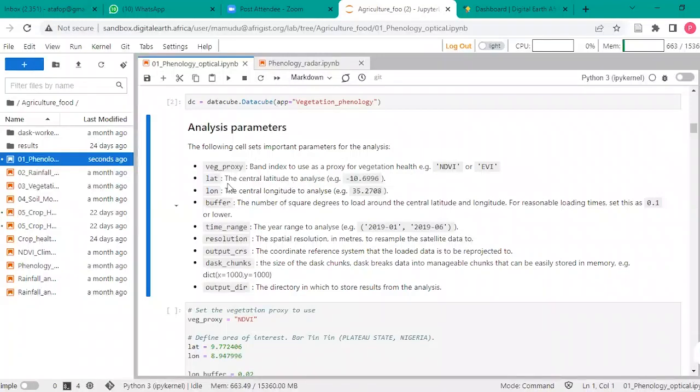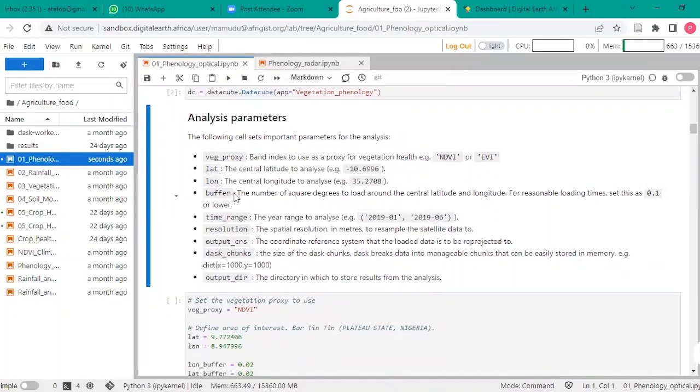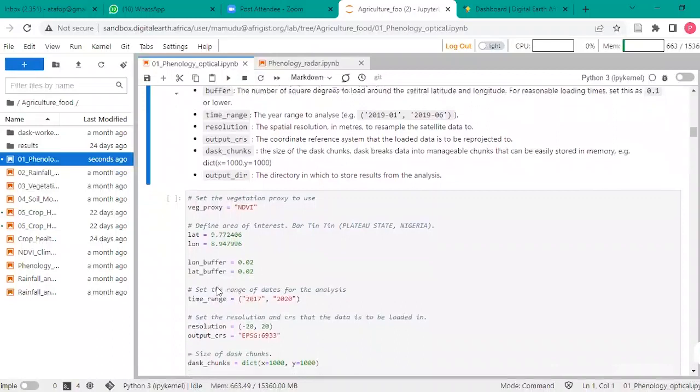Next, we are going to specify the latitude and longitude for the central point of our study area, and then we'll define a buffer which will give us the entire extent of the study area. We'll also define the time range, the resolution of the data sets, the output coordinate system, the Dask chunks, and the output directory to which our results will be saved.